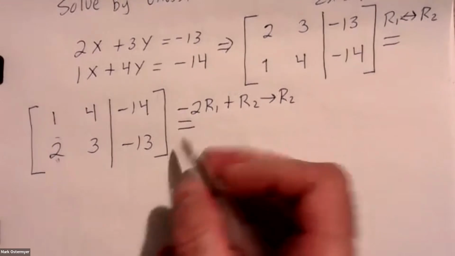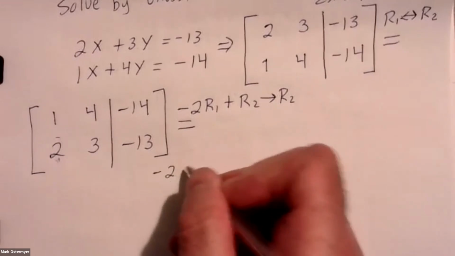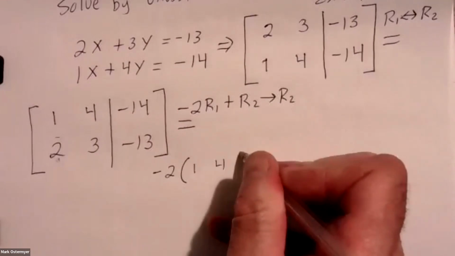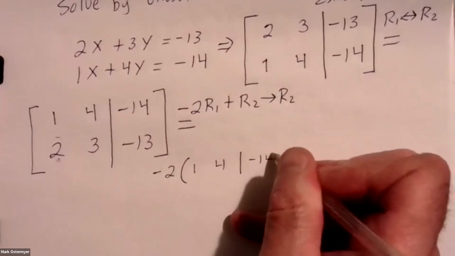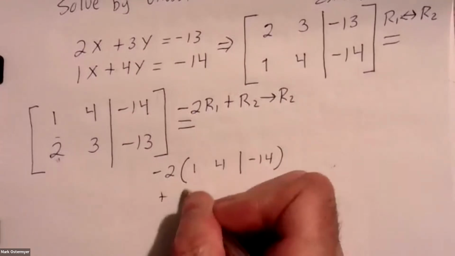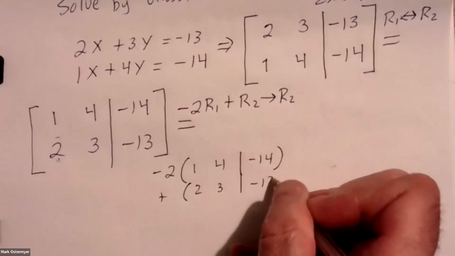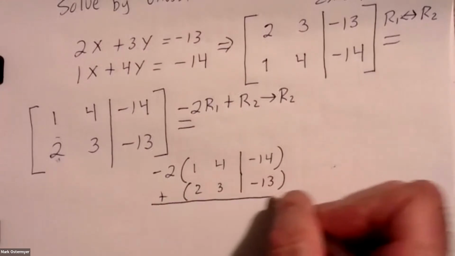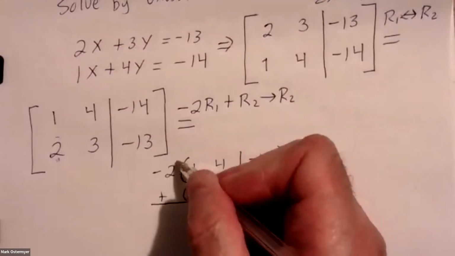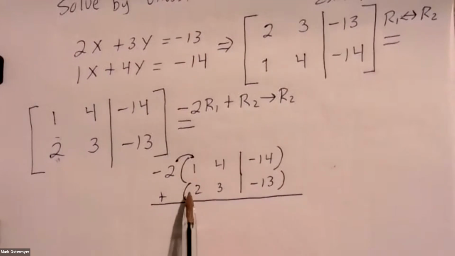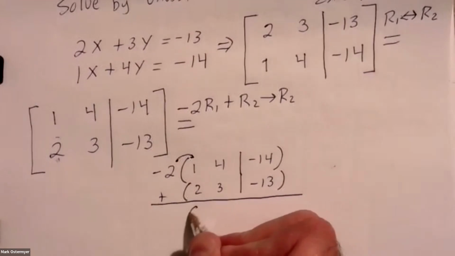So therefore, let's do this here. I'm going to have to take negative 2 times row 1. Row 1 is 1, 4, vertical line, and negative 14. I'm going to add to that row 2, which is 2, 3, vertical line, and negative 13 to form a new row 2. What's negative 2 times 1? That gives me negative 2. And what's negative 2 plus 2? 0.